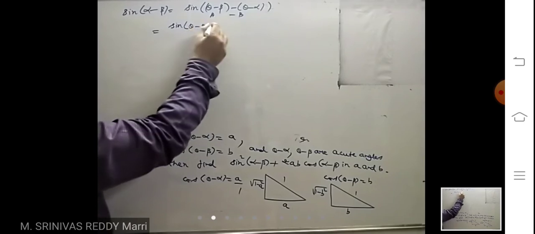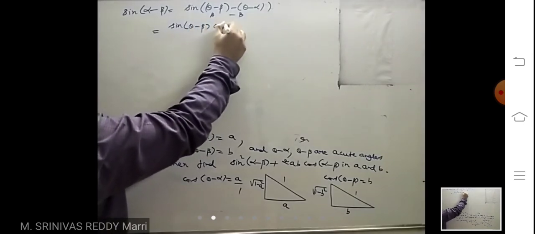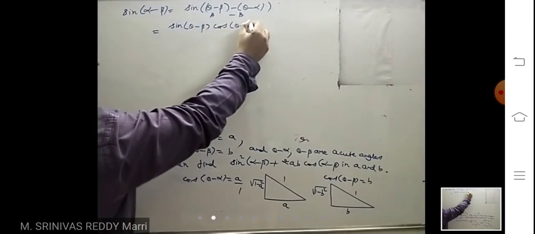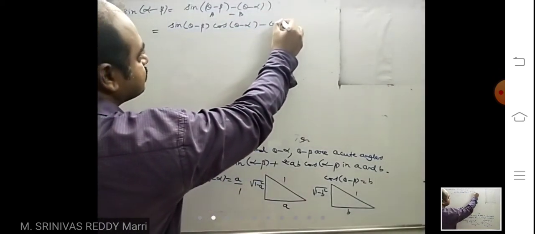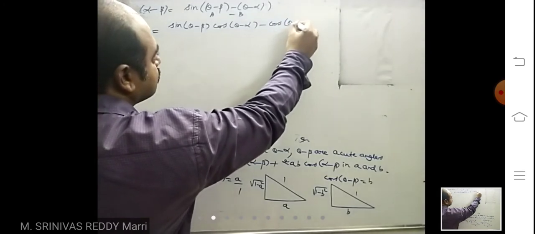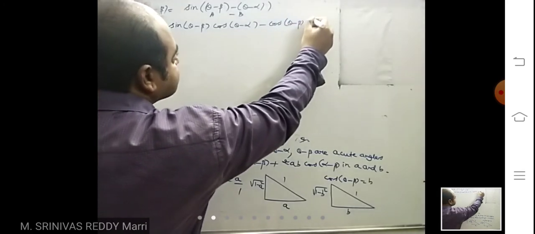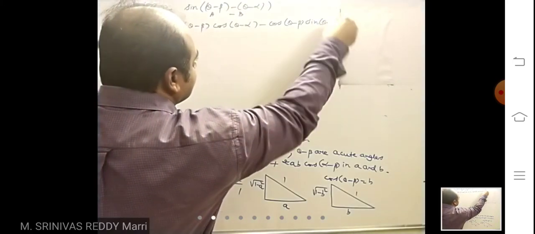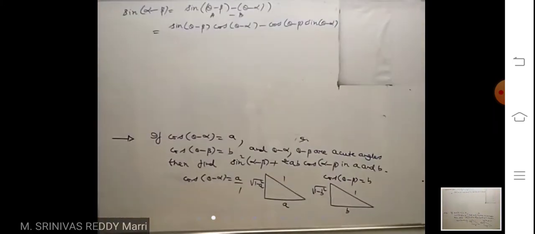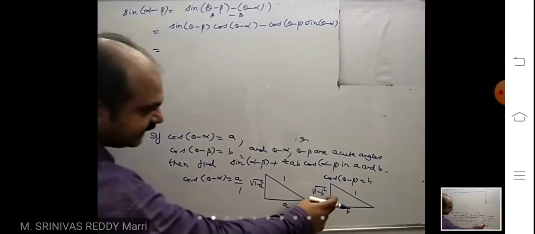Now sine of A minus B means sine A cos B minus cos A sin B. Look at sine of theta minus beta, this one.